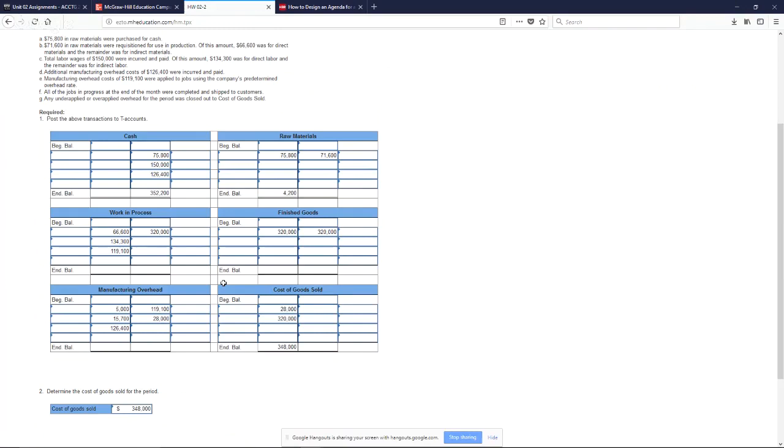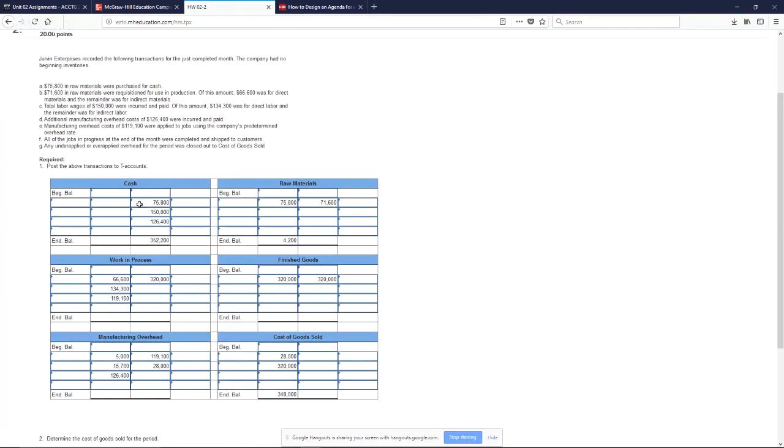Costs. Okay, so that. So let me. Let's see, is that correct material?